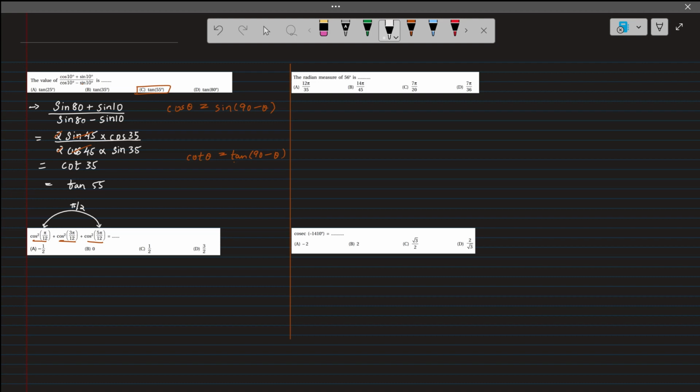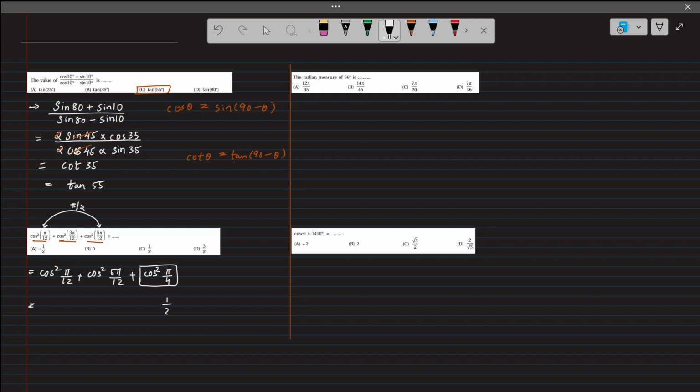So, we'll first write both of them together, cos square pi by 12 plus cos square 5 pi by 12 plus cos square 3 pi by 12. 3 fours are 12, so we can say it is nothing but cos square pi by 4, whose value we already know. It is 1 by root 2 and square of 1 by root 2 will become 1 by 2.